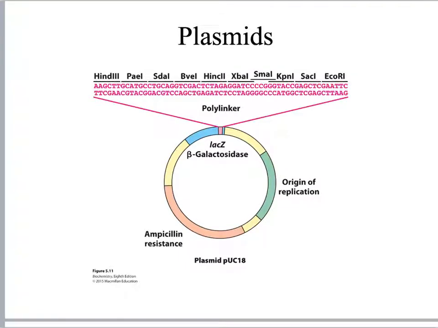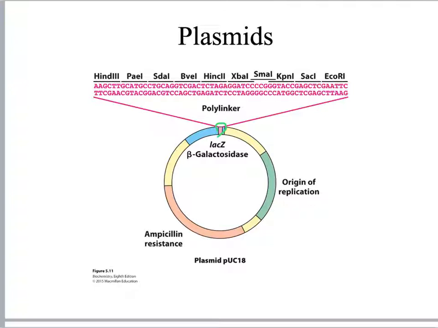So we said when we use these vectors, we have two different types, and the first is the plasmid. This is showing an example of the plasmid. In this particular example, DNA can be inserted into the polylinker region, which is shown here. The insertion of the DNA will disrupt the natural process.